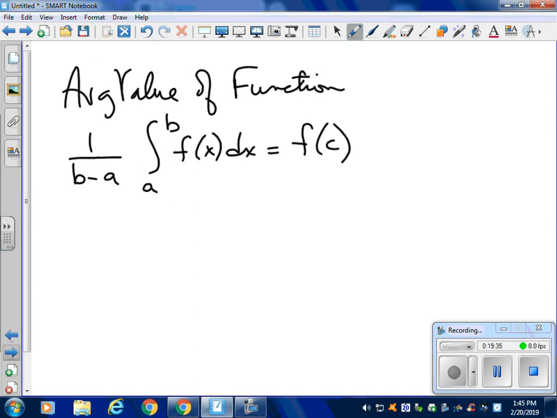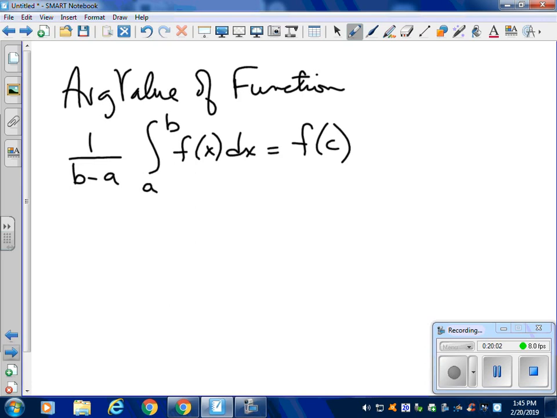There's only one small difference in the formula. The b minus a that was on the other end for the width comes over here and gets divided into the problem so that we can divide the width into the problem and figure out what the height of my rectangle needs to be.